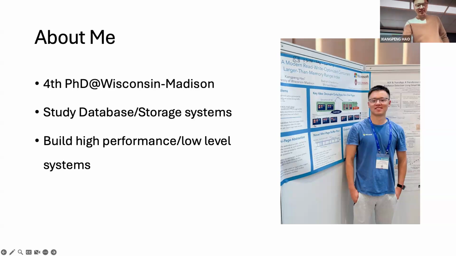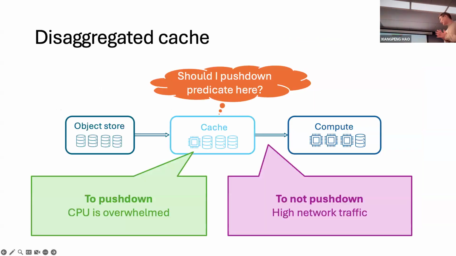Okay, so today my talk is about the disaggregated cache. I have a very high level picture here. In a modern data lake architecture, we have an object store, we have compute nodes, and we want a cache in the middle. We will dig into this later, but at a very high level, we have a question: should this cache node have some computation power?